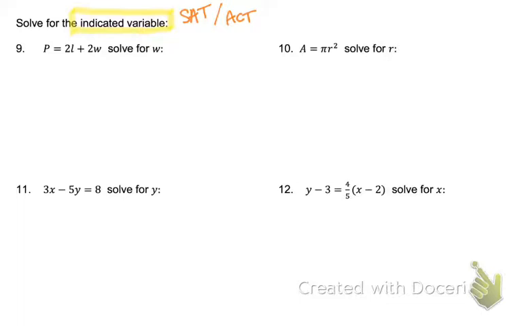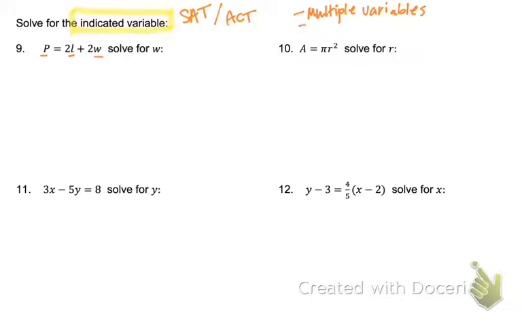And the reason why this problem is very different is because, one, it's going to have multiple variables. And what I mean by variables is it could be A, B, C, like look at number 9. It's got a P, an L, and a W. So it's got 3 variables going on.